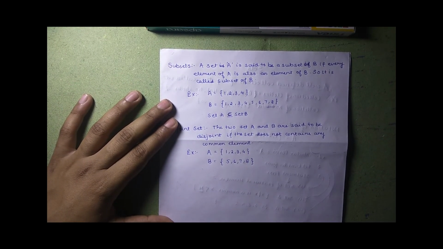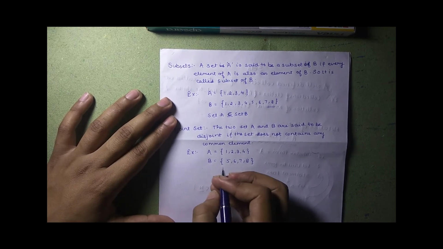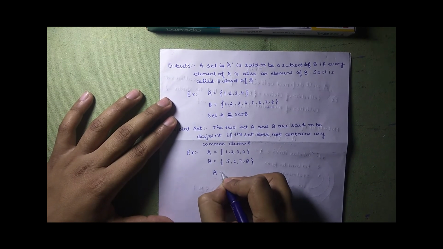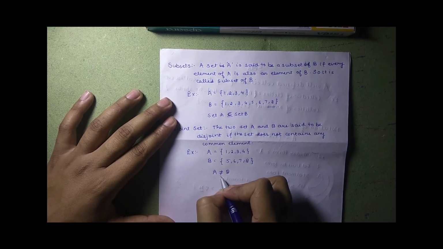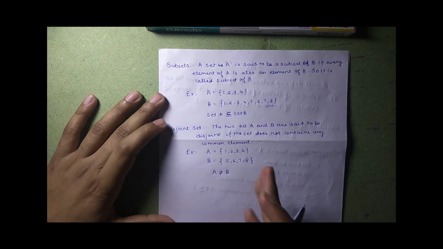There is no matching element in each other, so we say set A and set B are disjoint sets. This is the symbol of disjoint, or not equal to.